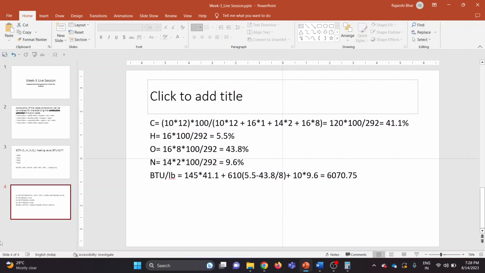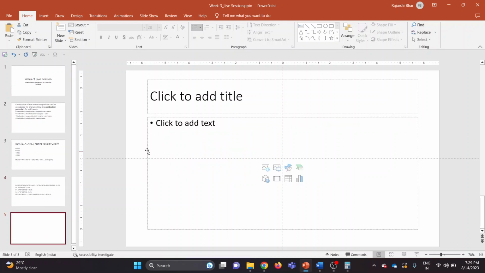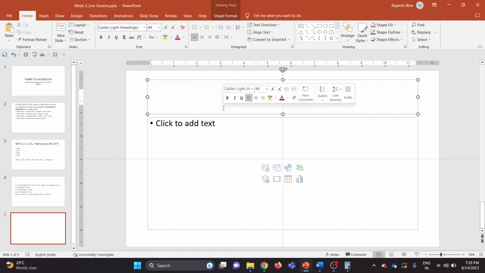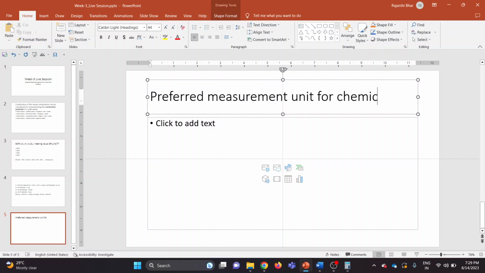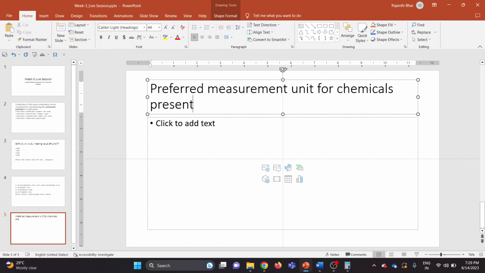Okay, so the next question is a very simple one. I hope you can answer it within 30 seconds. I will give you four options and you have to say which is the preferred measurement unit for chemicals present in solutions. Very simple. Solution.